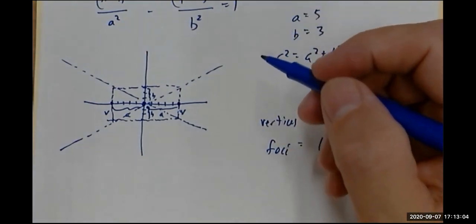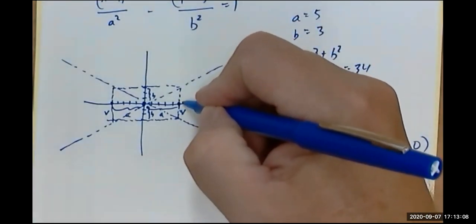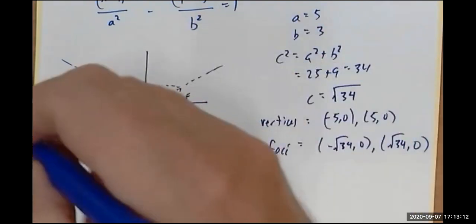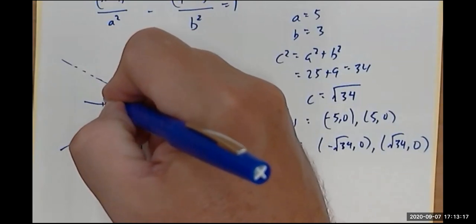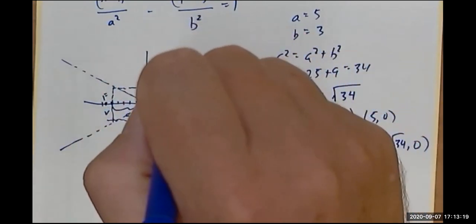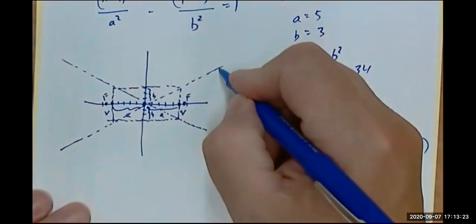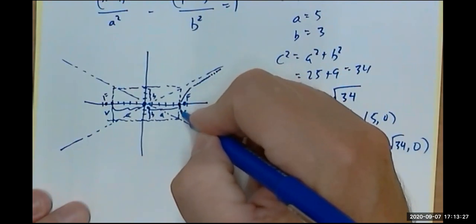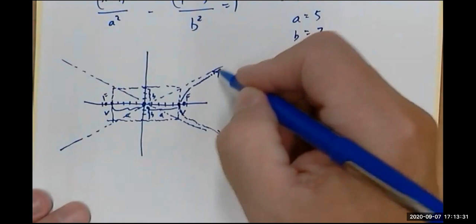So in this case, the foci are sort of outside, further out than the vertices. And then once you have these asymptotes, you can draw the curve: it goes through the vertex, and then it begins to track the asymptotes.